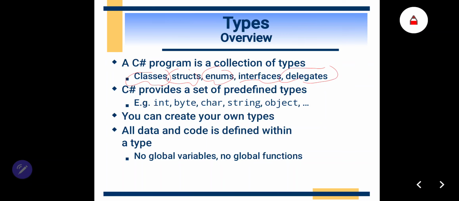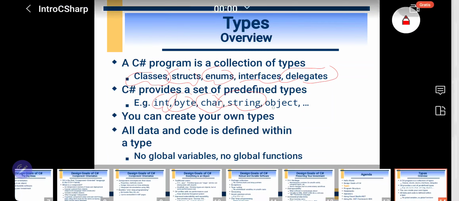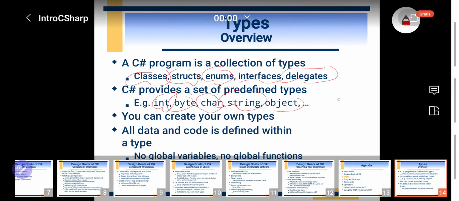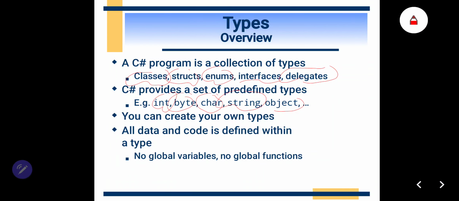C# provides a set of predefined types, for example int, byte, char, string, object, etc. You can create your own types. All data and code is defined within a type. No global variables, no global functions.